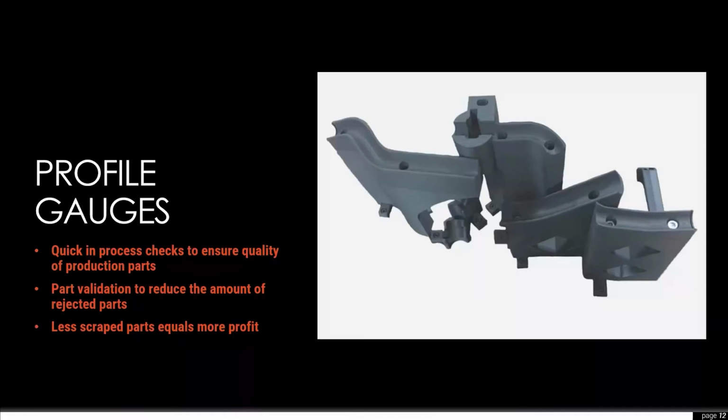But you've got to remember that every scrap part that comes off of the assembly line is also downtime. So the more scrap parts you have, that means that machine basically ran for a negative amount of money, which we want to eliminate. So having these fixtures and these gauges and everything can obviously limit the amount of scrap material that's going into the recycle bin. It's going to boost up your profit and make your bottom line even better.